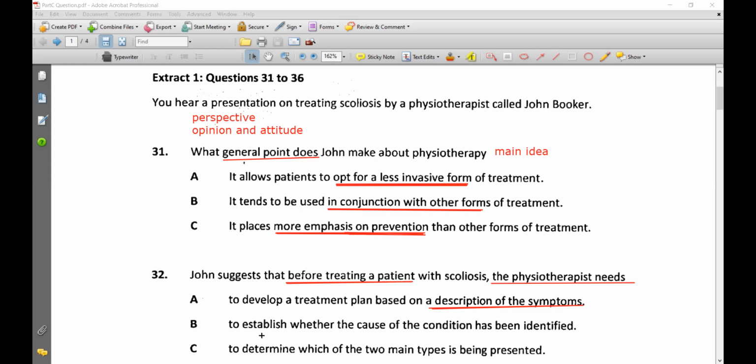Whereas here it says to establish whether the cause of the condition has been identified, or to determine which of the two main types is being presented. So main types is your keyword here.